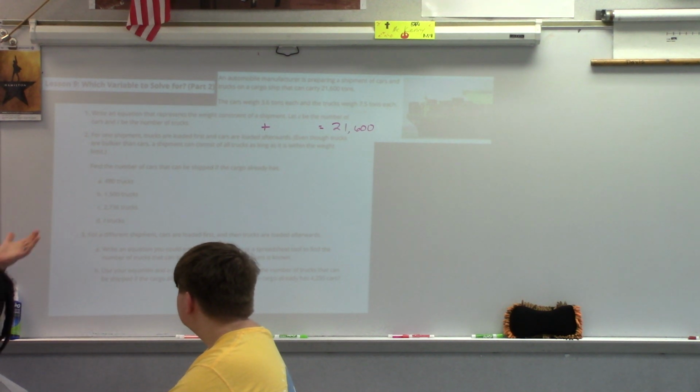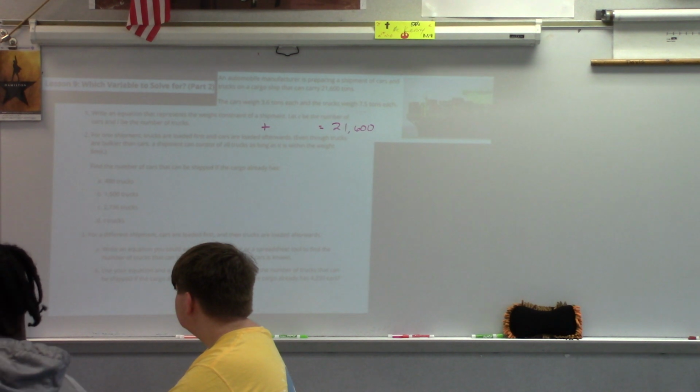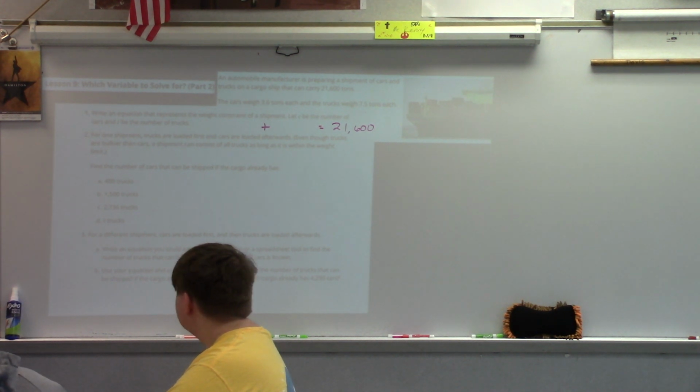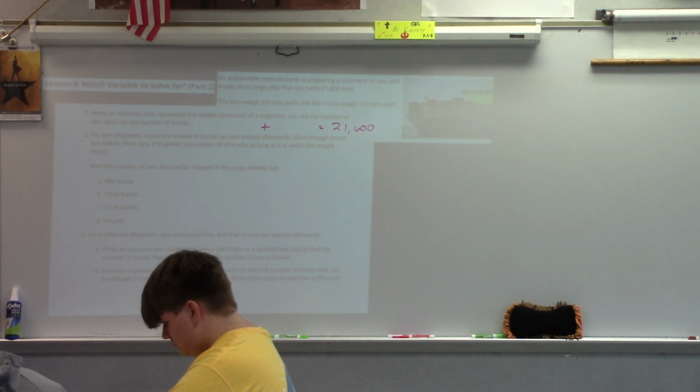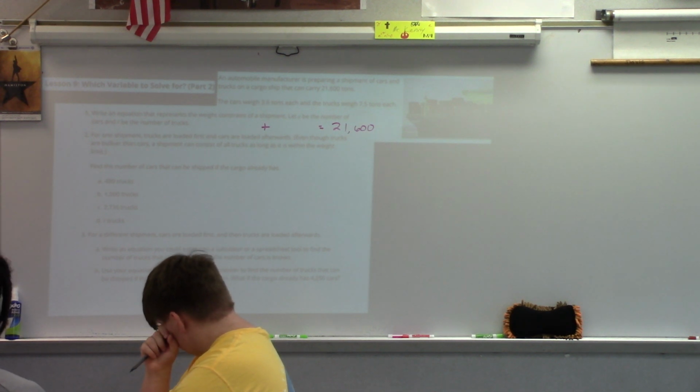KJ, what's an expression that could represent the total weight of all the cars? What is an expression that could represent just the total weight of all the cars?